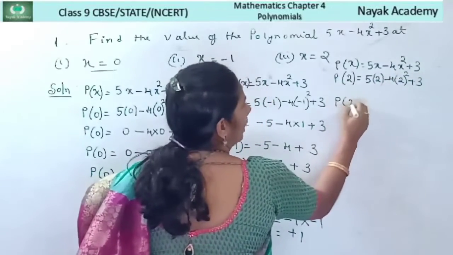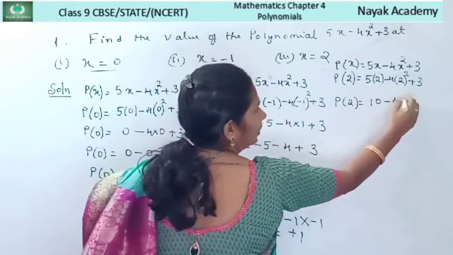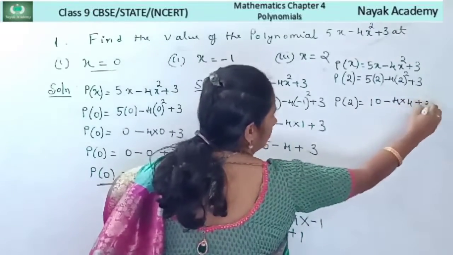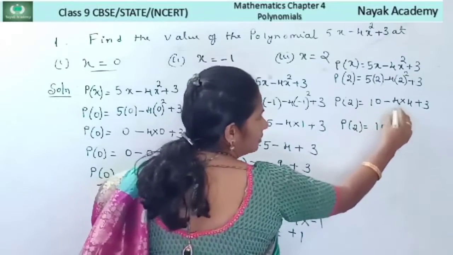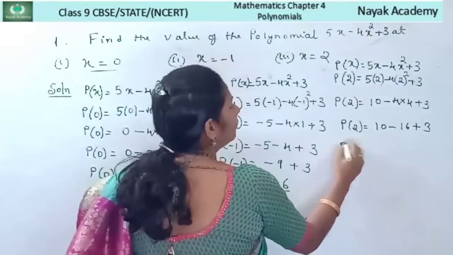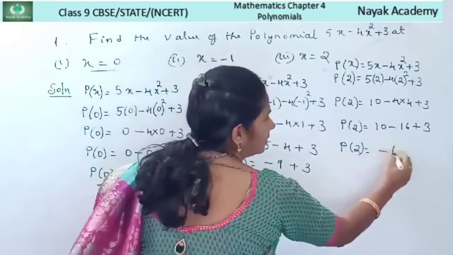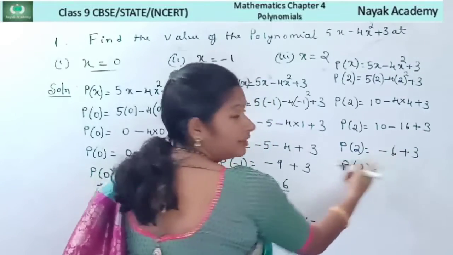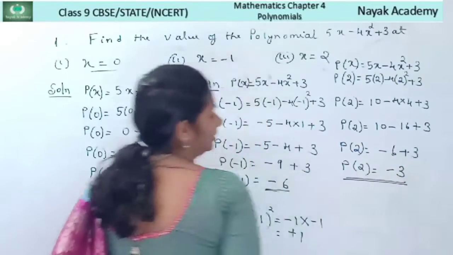So p of 2 value is 5 into 2, that is 10, minus 4 into 2 square, that is 4, plus 3. So p of 2 value is 10 minus 4 into 4, that is 16, plus 3. So p of 2 value is 10 minus 16, it is minus 6 plus 3. So p of 2 value is minus 6 plus 3, it is minus 3.